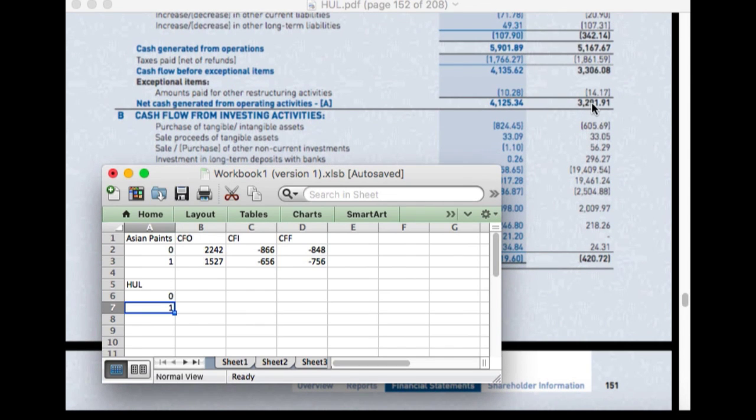CFO, year 0 it's 3291, and this year it's 4125.